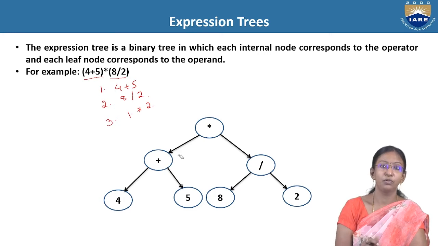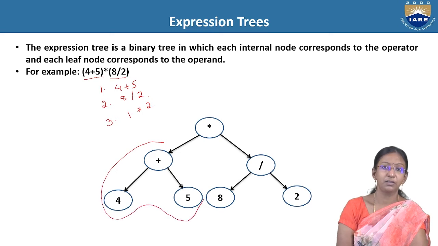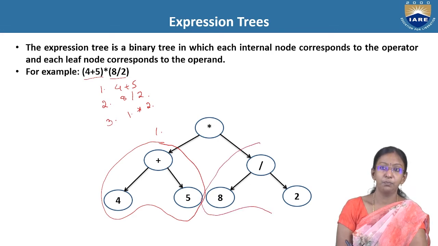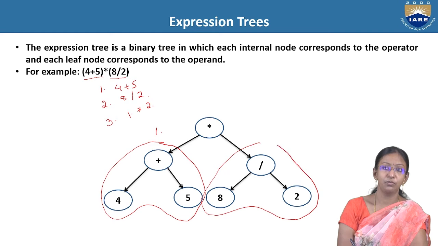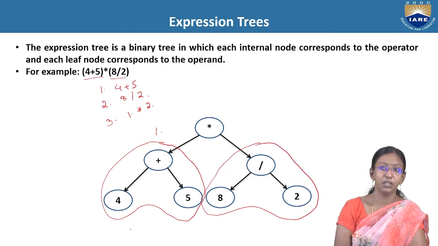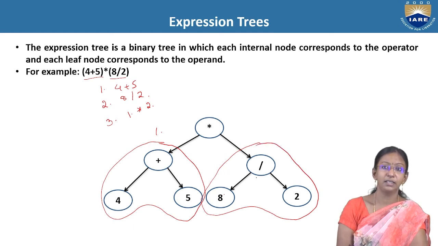Let me show you this here. The left subtree depicts the first operation I mentioned, which is 4 addition 5. The second sub-expression is depicted by the right subtree, which is 8 divided by 2.